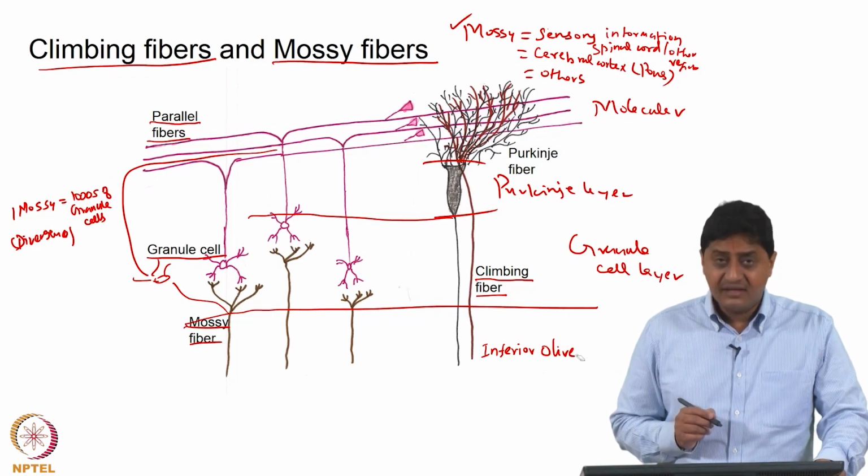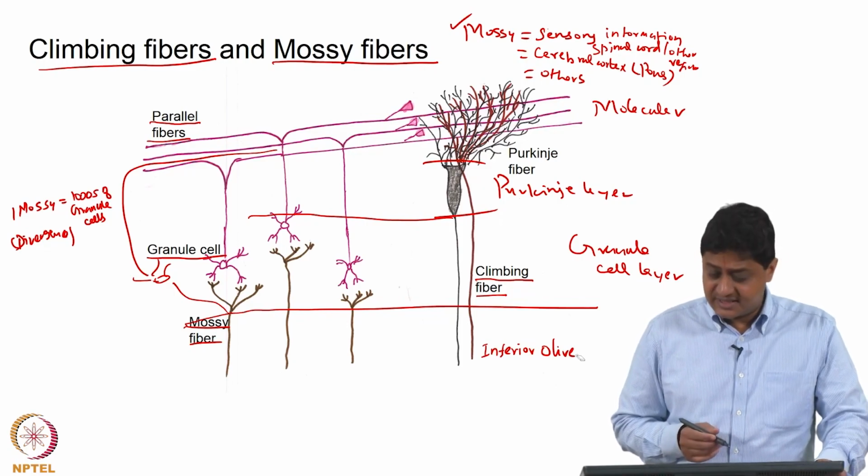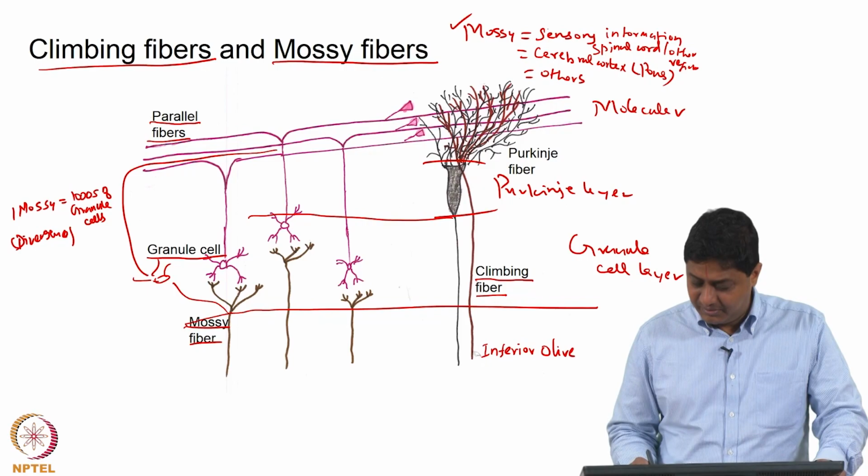special in the sense that these neurons or these fibers do not make connections with granule cells at the granule cell layer. They climb through, that is the reason they are called climbing fibers.